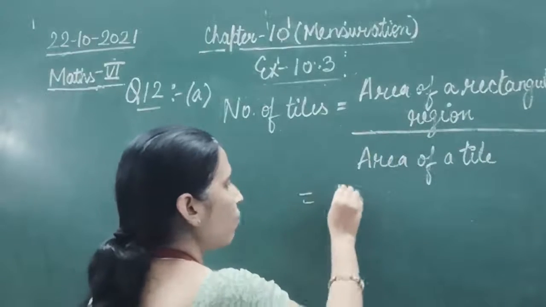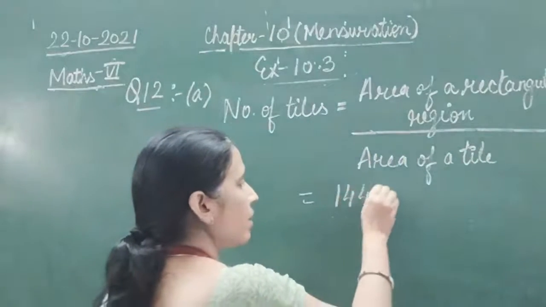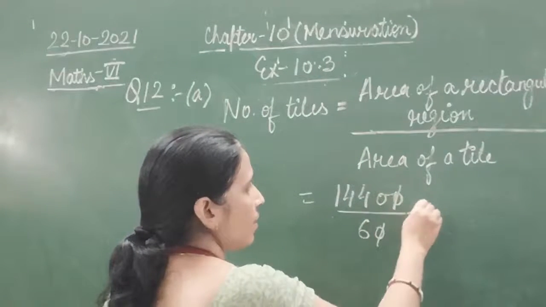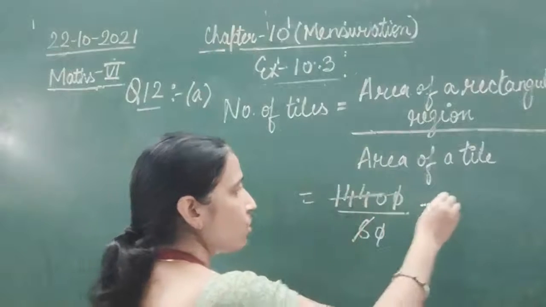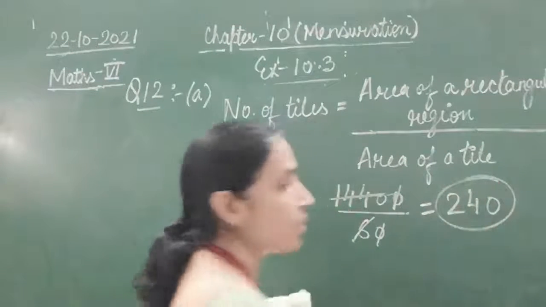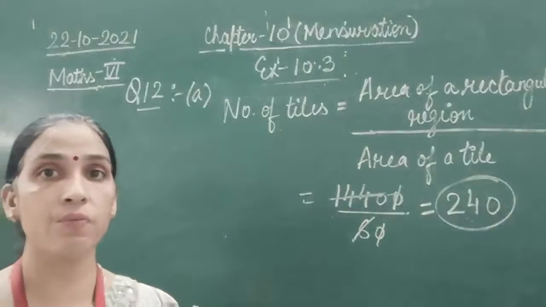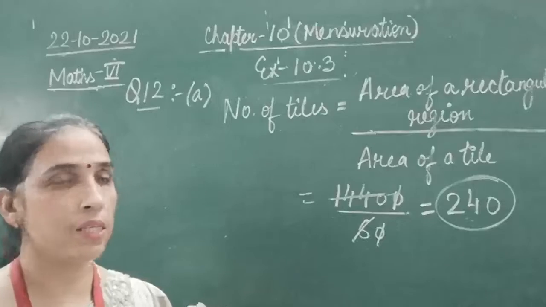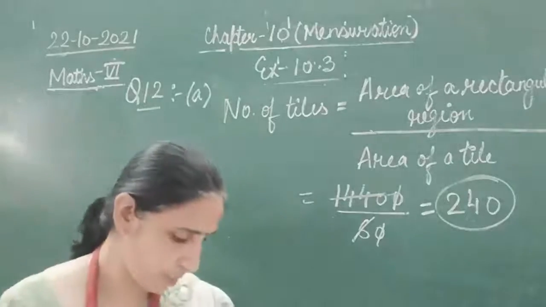So that will become 14,400 divided by 60. 6 2s are 12, 6 4s are 24, 240. 240 is the number of tiles which is required to put in that rectangular region.